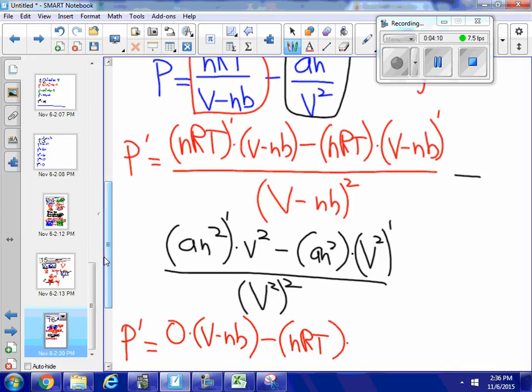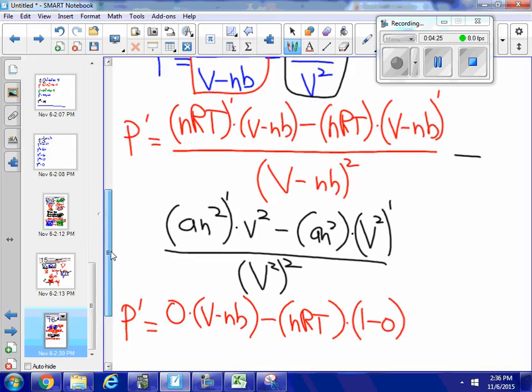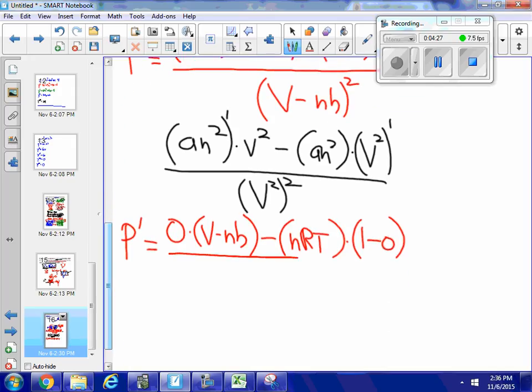V has a power of 1, so the derivative of that is going to be 1, and NB is going to be 0, so 1 minus 0. So it's not looking so complicated. And that is still divided by V minus NB squared.